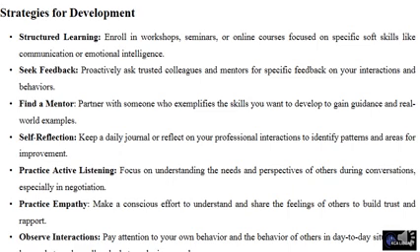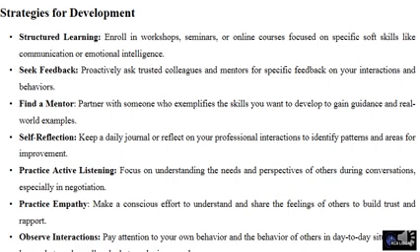Structured learning: enroll in workshops, seminars, or online courses focused on specific soft skills like communication and emotional intelligence.